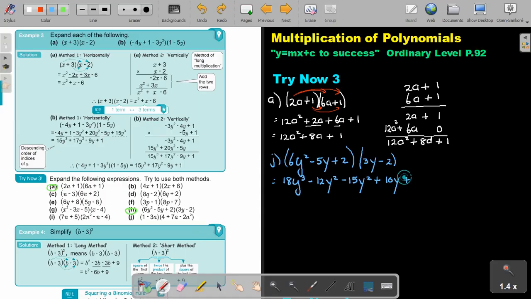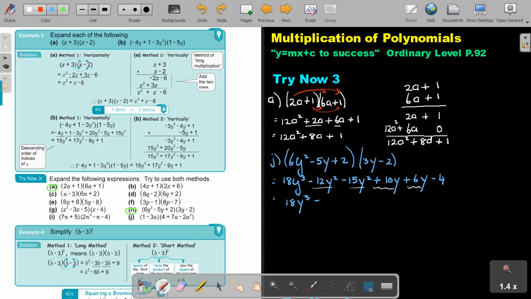This is going to be 6y, and this is going to be negative 4. And then let's just find my like terms. So this is going to be 18y3, and this is going to be negative 27.